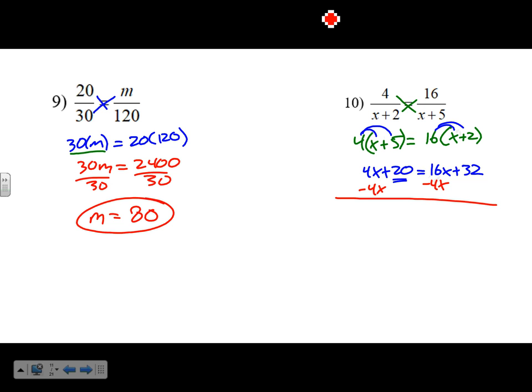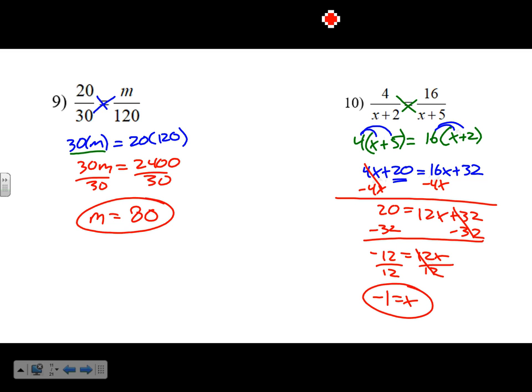I always like to combine my x's first, and I try to do it so I end up with a positive x in my next step. Again, you obviously don't have to. There's 4 different things you could do with that step. 20 minus 32 is negative 12. We end up getting negative 1 is equal to x, or x is equal to negative 1.